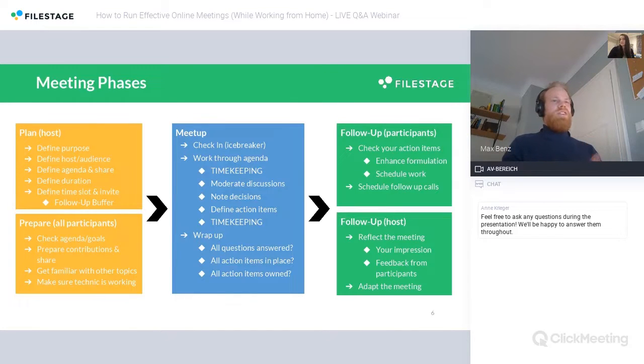So if things get stuck or two people from the audience start really hard discussions, also scratching in between and saying, hey guys, maybe afterwards you can hop on a follow-up call and you can discuss that and make decisions there. Then also important for us is noting the decisions.